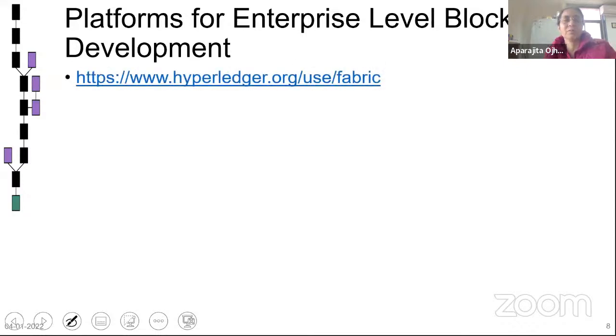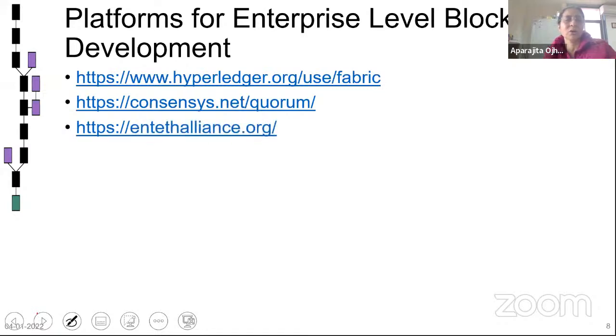For blockchain development, you have several platforms which are available. You have Hyperledger Fabric, you have Quorum. These are some of the top development platforms. You can use them for development. These are enterprise level blockchain development platforms.